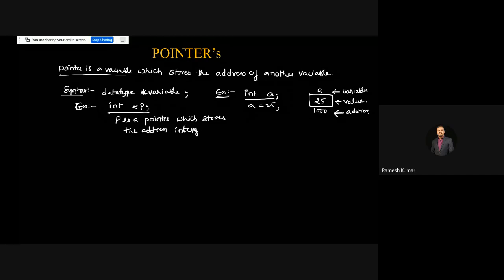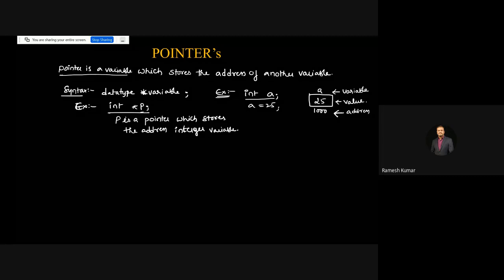That means the pointer variable is going to store the address of the type of variables denoted by this declaration, integer variables. So this is a declaration of an integer pointer. This is how you have to call it; if you say p is an integer pointer, it will be a blunder mistake. Don't say p is an integer pointer. You can say p is a pointer which stores the address of an integer variable.